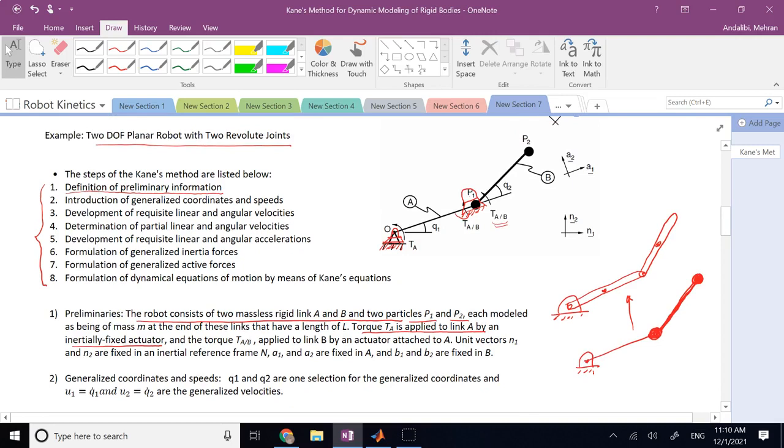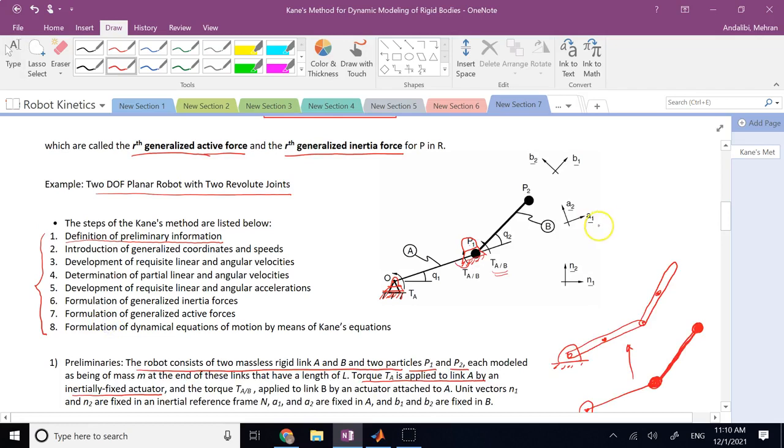We are also going to use 3 sets of unit vectors or 3 sets of frames, just like what we did in the DH convention. Frame A, including A1, A2, and A3. Here, A3 is out of the board toward us. They are rigidly attached to object A, the first link.